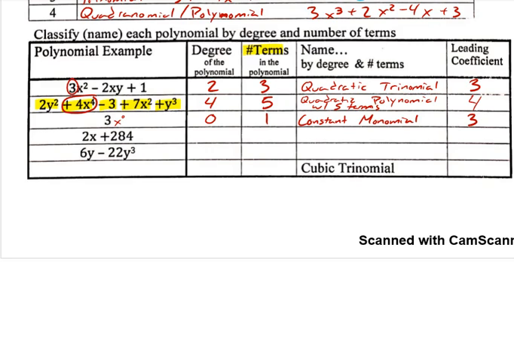The next one, the degree, is just this variable here, just the 1. There are 2 terms. We'd call this a linear, because the degree of 1, binomial, because there's 2 terms. The leading coefficient is a 2, and we're good.